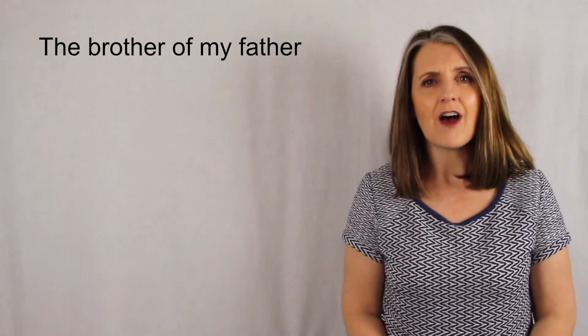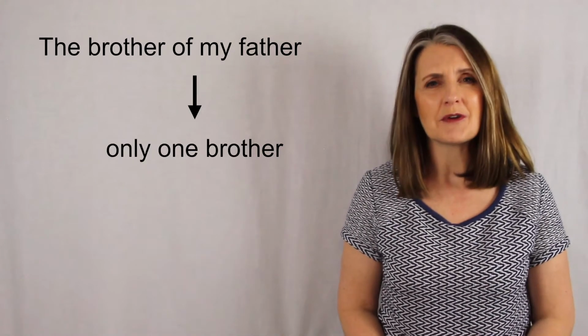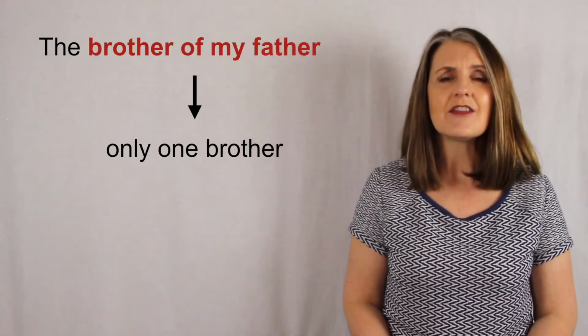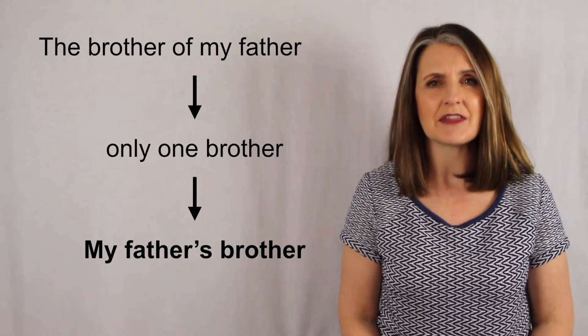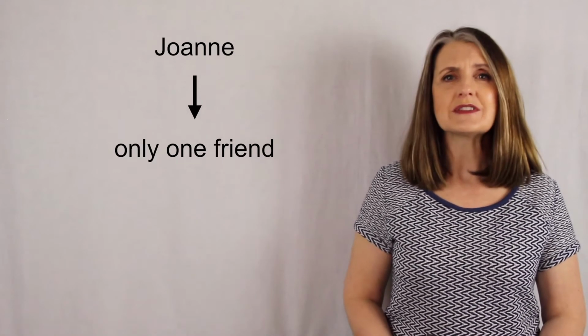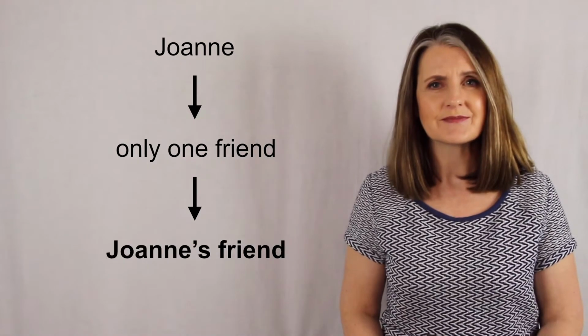People make mistakes when using the word of, and the most common that I hear is when people say the brother of my father. If my father has only one brother, then I would not say the brother of my father, I would say my father's brother. So if you're talking about a person like Joanne, and Joanne has one friend, then you do not say the friend of Joanne, you say Joanne's friend.